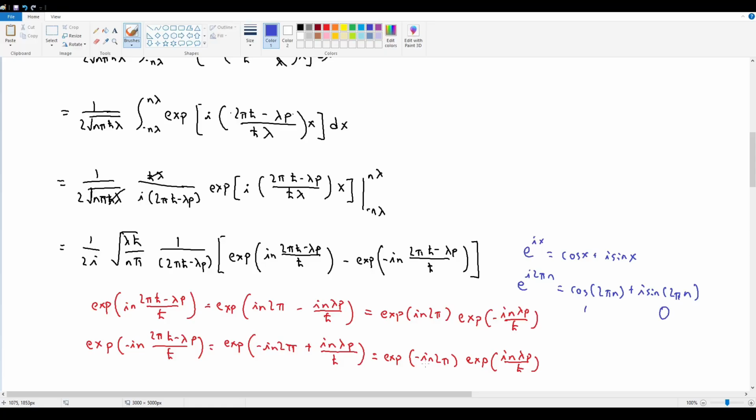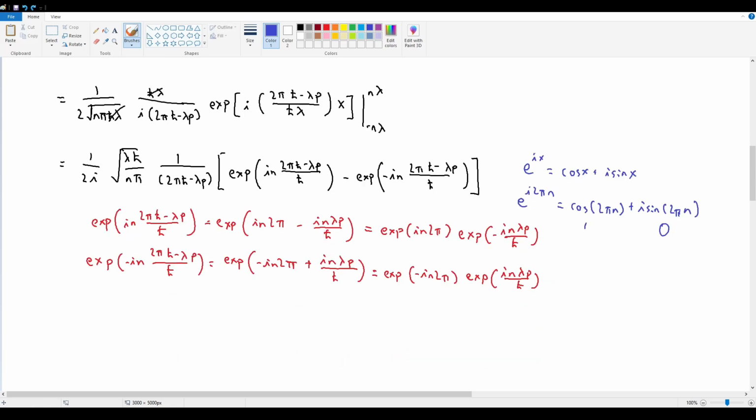Similarly, if I plug this in, on this side I have negative 2 pi n. Well, 2 pi n and negative 2 pi n are basically the same point on the radian circle, so because of that, both of these terms nicely cancel out to just 1. This is just 1, this is just 1.